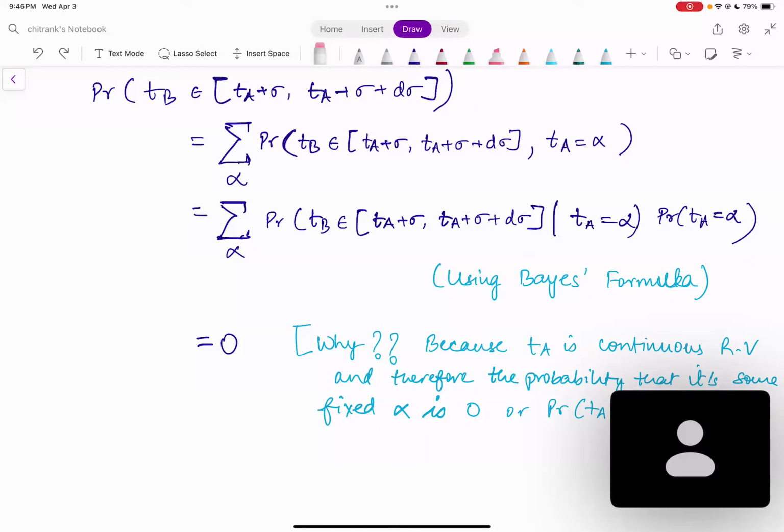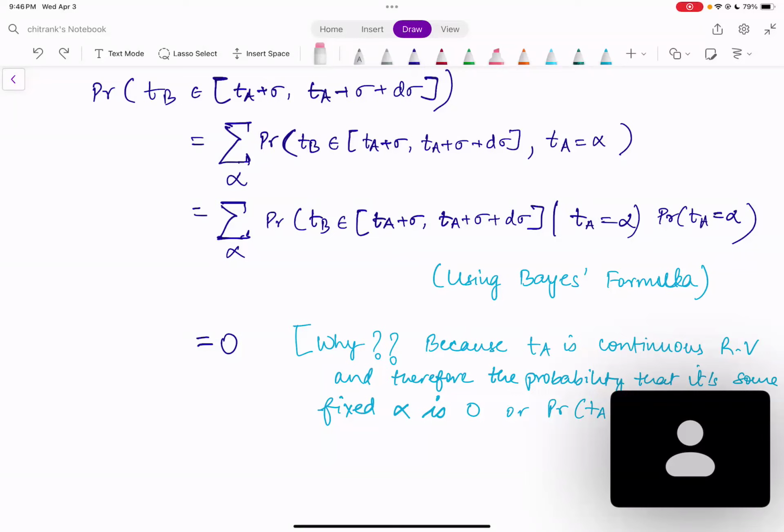Because it's continuous, the probability that TA is going to be one specific value alpha is zero. That means whether you're summing over finite or infinite values, it does not matter, the sum is always going to be zero, because you are summing exactly zero quantity.